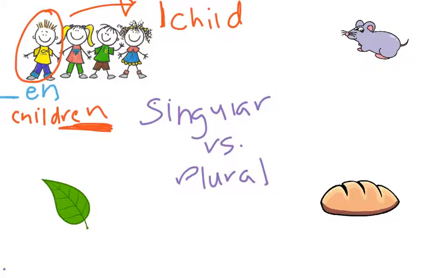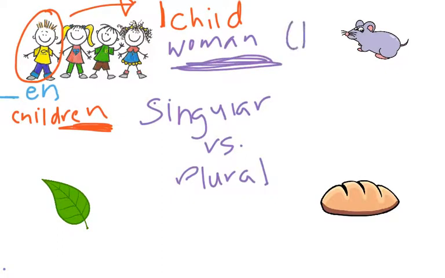There are other aspects of this weird irregular. For example, when we want to say one grown girl, woman, which is the singular form. This woman is referring to one grown girl.